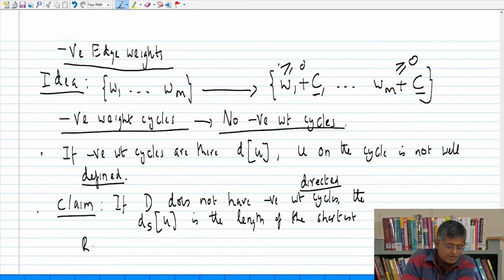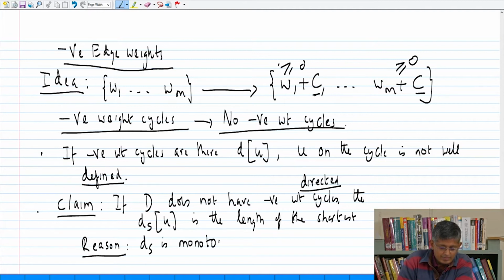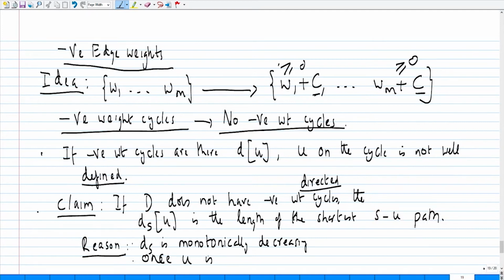So the reason for this claim is that ds is monotonically decreasing, and once it does not reduce again.